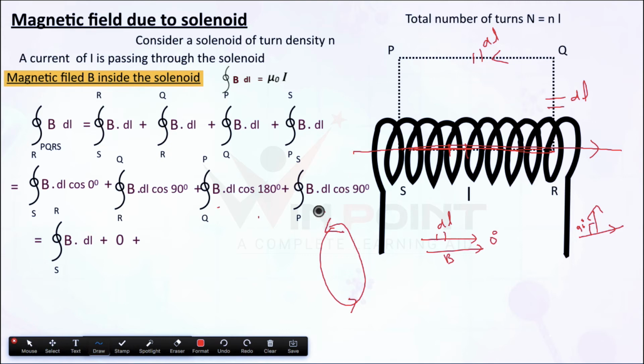Here there will be a magnetic field, here also there will be a magnetic field. What will be the difference between these two magnetic fields? Here the current is coming to you, it is out of the plane. Then here it is a circle, the current is into the plane. It has to be like that, opposite.